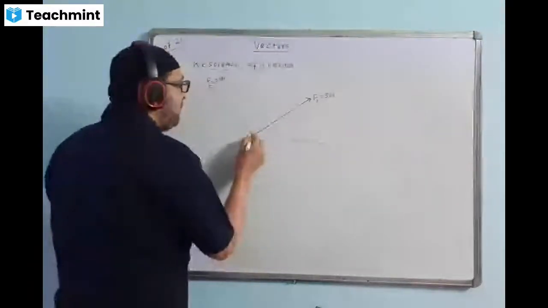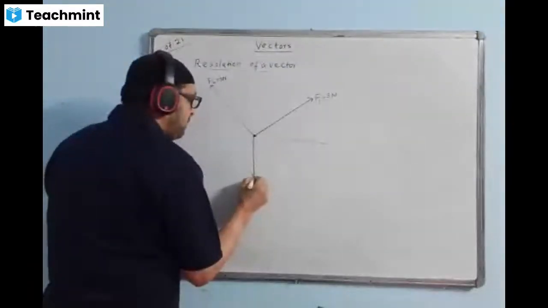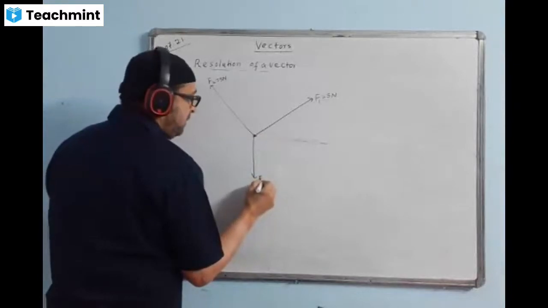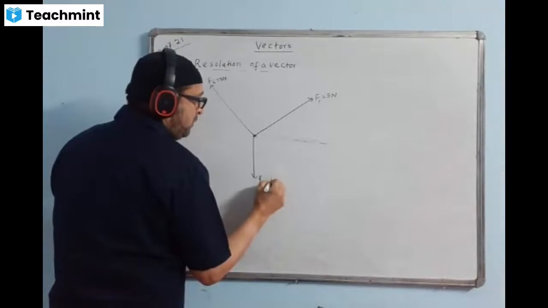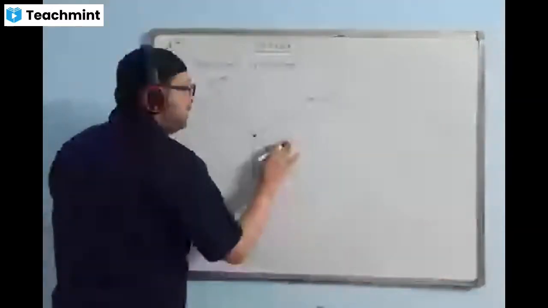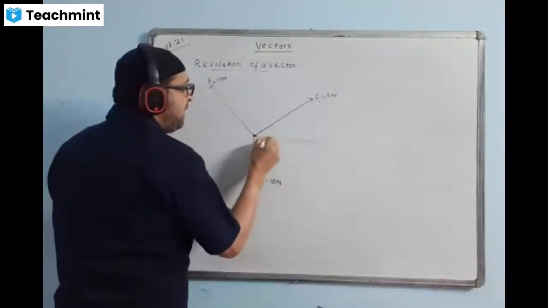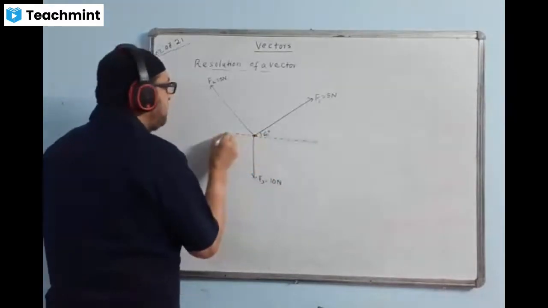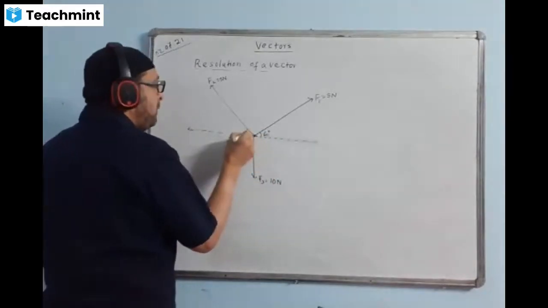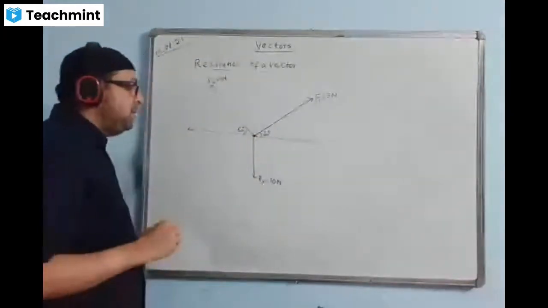and we have one over here, F3 is equal to 10 Newtons. Here the angle given is 60 degrees, and here also the angle is 60 degrees.